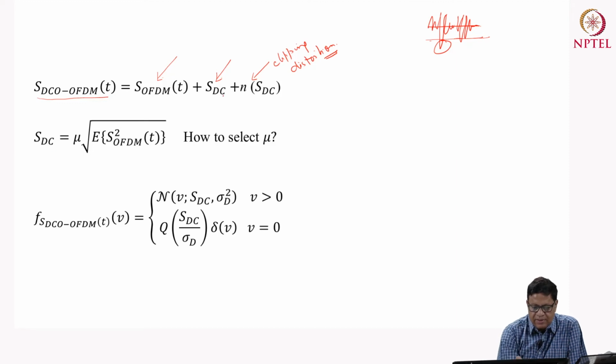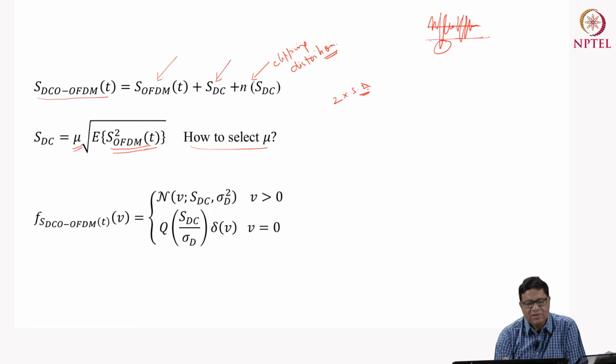And the DC which I have discussed earlier depends on the power of the OFDM signal, and it is scaled down by a factor mu. And we also discussed how this mu is to be selected, which came out to be twice the standard deviation, because you will have 97.8% of the signal within this range.